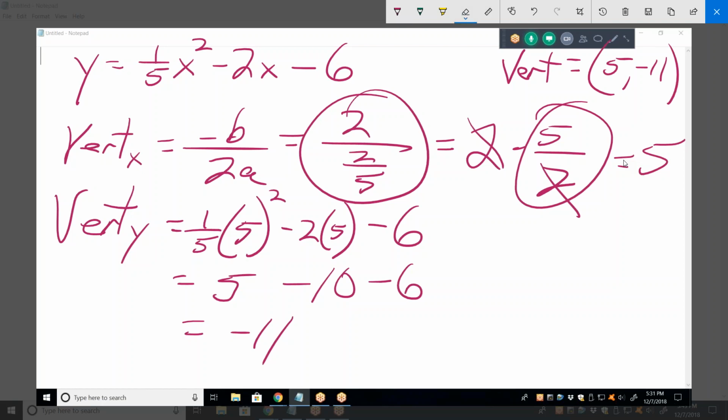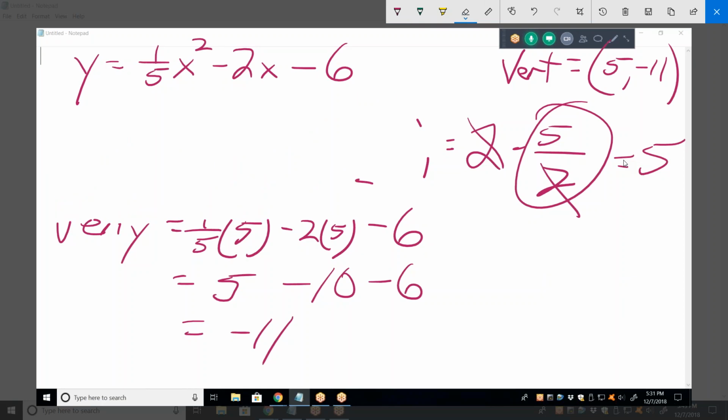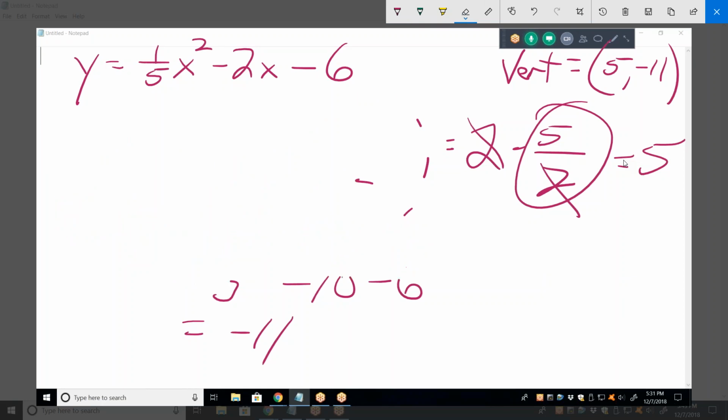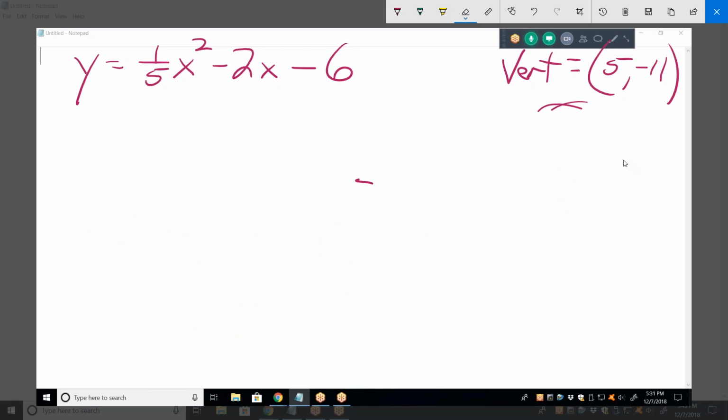Okay, that's the first thing we had to do. Again, we need 2 other points. So what we have is a vertex way down here. Does it open up or down?